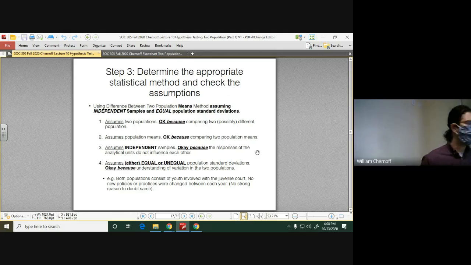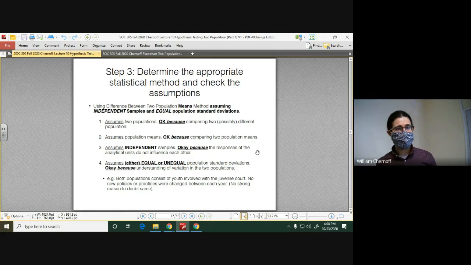And then 4, we have to make a decision about that equal or unequal population standard deviations. So again, we're thinking about diversity, we're thinking about consistency. So I think about all the youth who were recidivising in 2012, and I think about how consistent they were in their recidivism. I then want to compare it to the consistency of the youth in 2013.